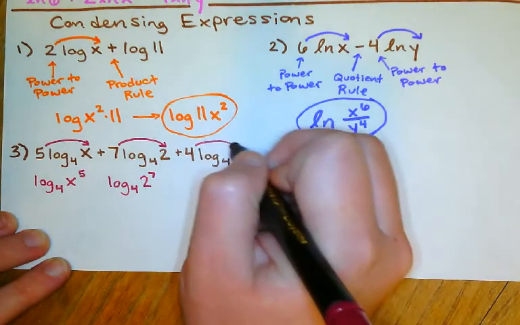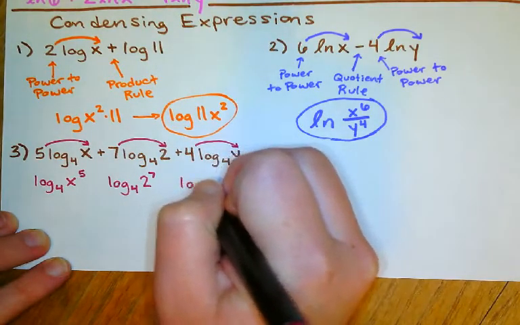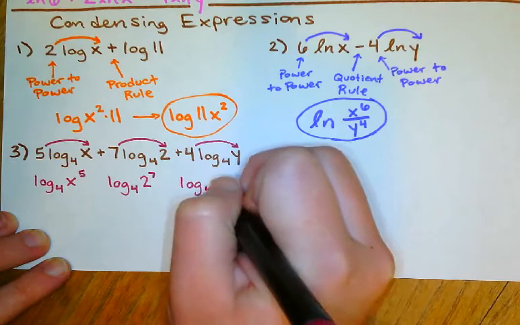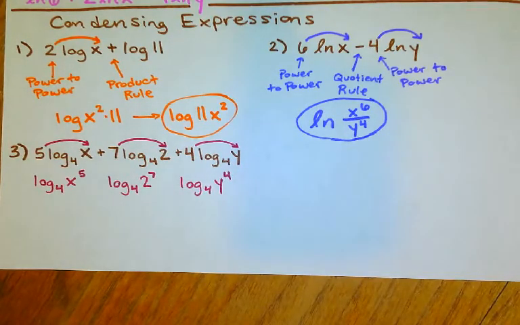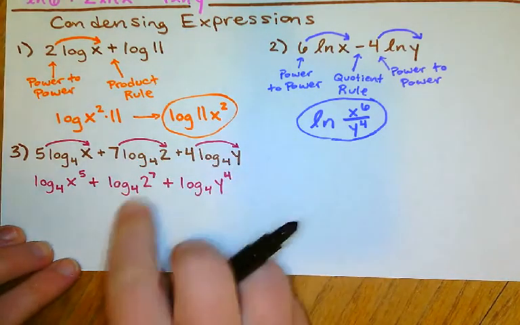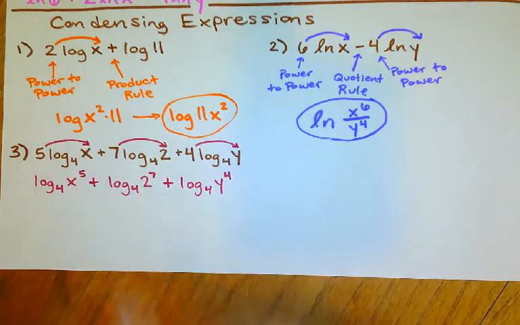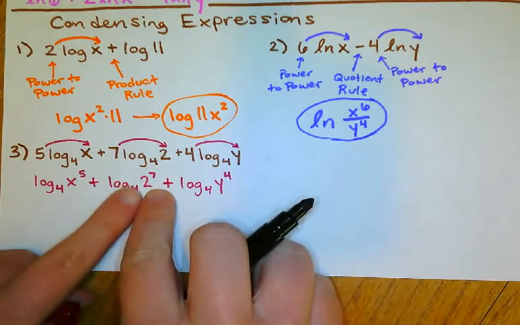And this 4 is going to be put back up in the exponent. So this is going to be log base 4 of y to the 4th. Now what I want you guys to see here, so we have our plus signs in between, is this 2 to the 7th, that's an actual number, that's an actual calculation that we can do.